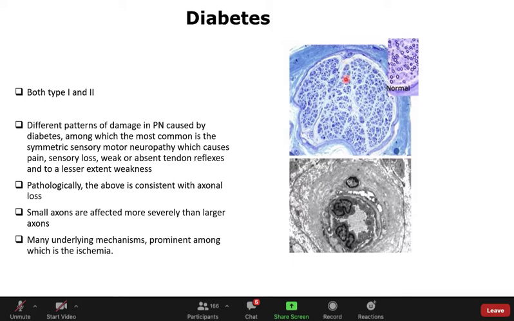And you can see that this is a toluidine blue stain, to look for the changes here, and you will see that all those axons have lost their myelin compared to normal. So how would you look for the myelin and for the myelinated fibers? That is the dark rings and the light pulp, if you will.